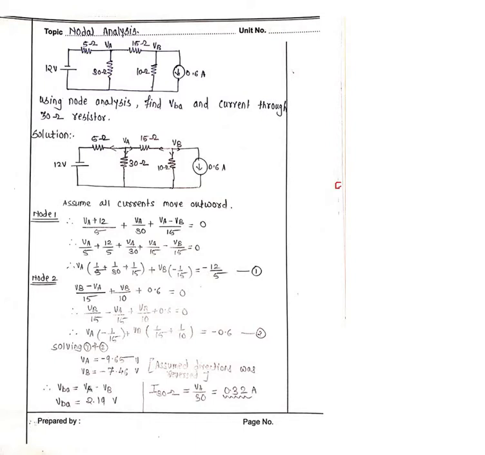For example, 5 VA plus 9 VB is equal to 10. Then the second equation, for example, 10 VA plus 20 VB is equal to 5.